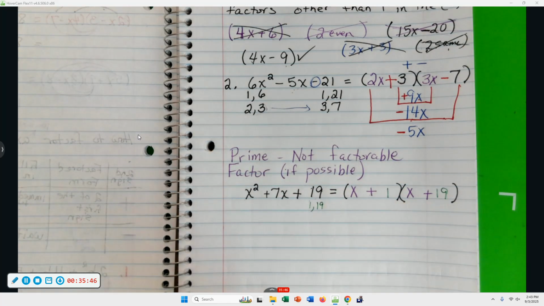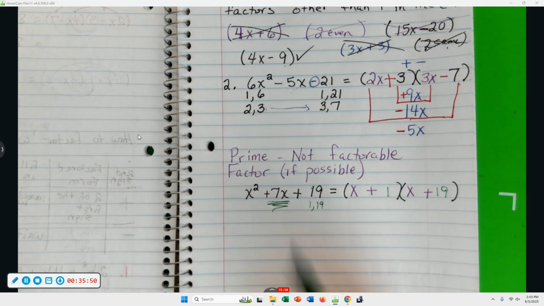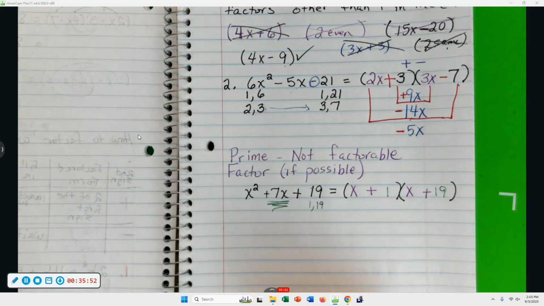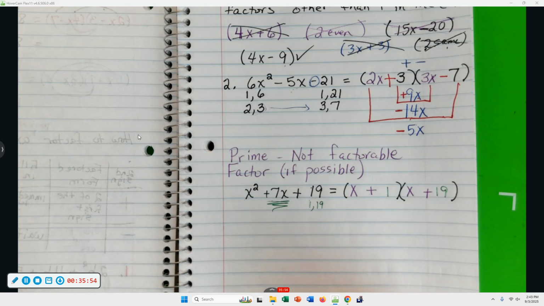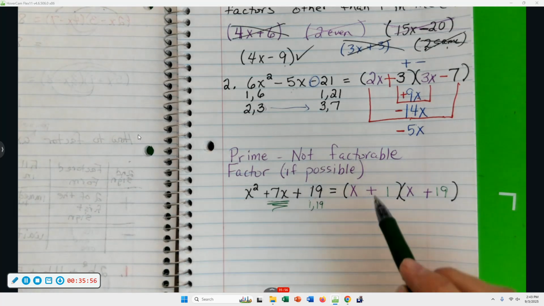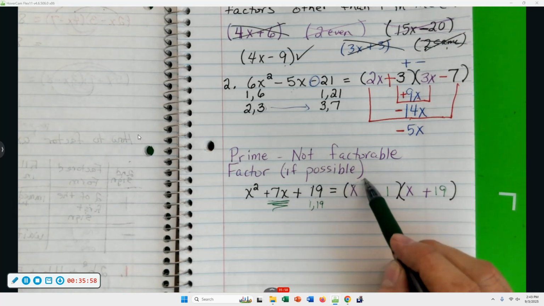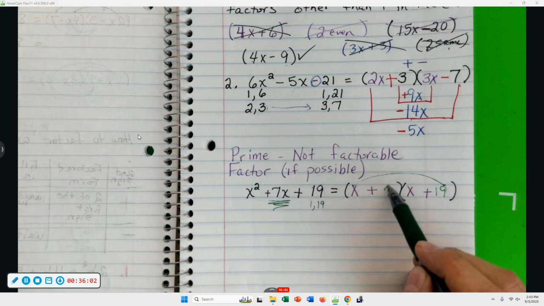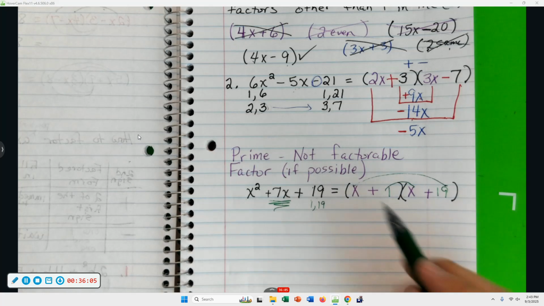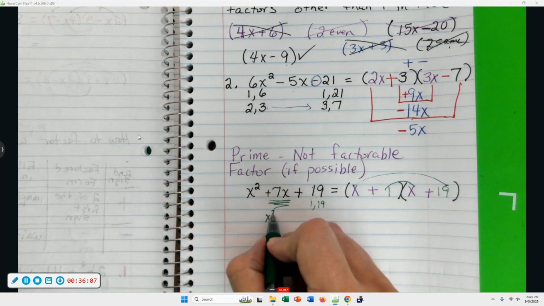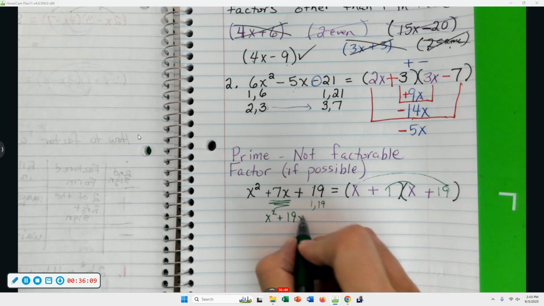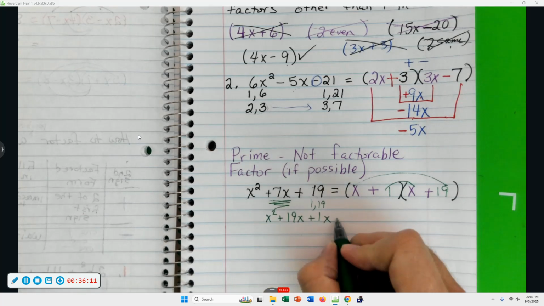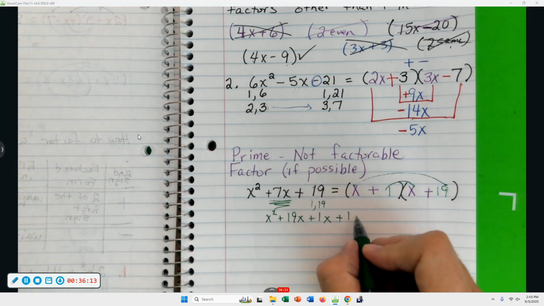If I FOIL that out, am I going to be able to get a 7x for the middle term? FOILing it out, you'd have an x squared plus 19x plus 1x plus 19.